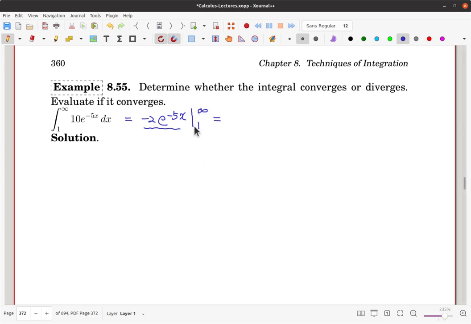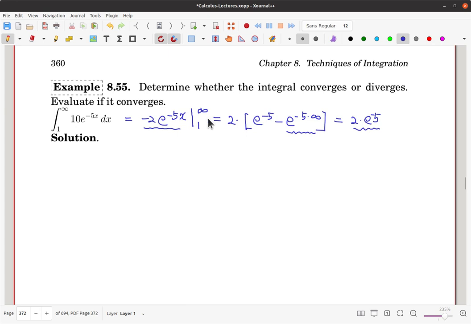Along with the 2 and this negation, we first evaluate from the bottom, then there is e to the minus 5, and at infinity, e to the minus 5 times infinity. That is converging to 0, so the value must be 2 over 5 times e to the minus 5, right? Okay, that's the final answer.